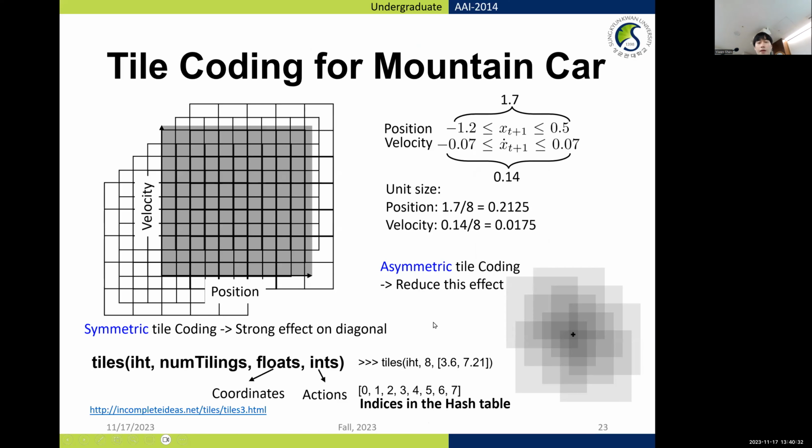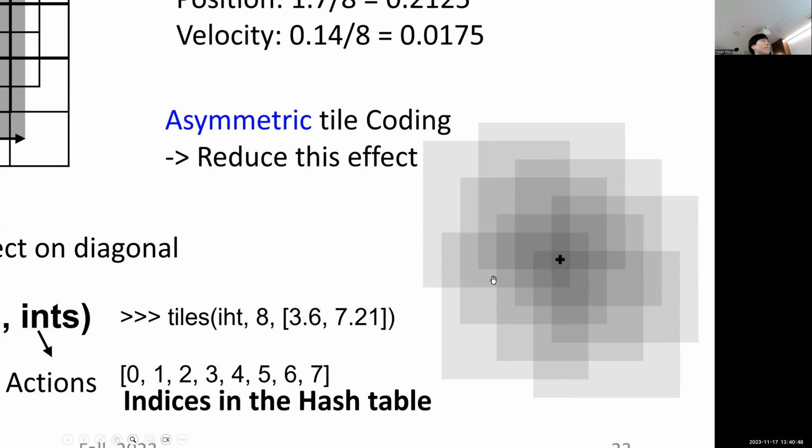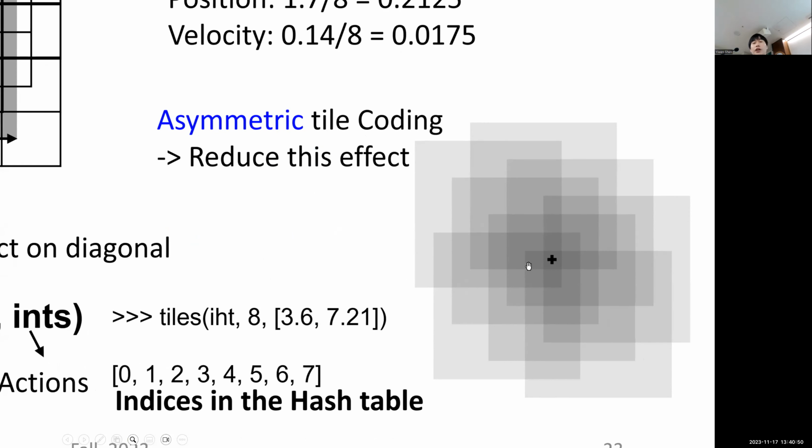Okay. And another point is that when we design this tile coding, the displacement, how we can decide. Most of the time we use asymmetric tile coding to reduce some artificial bias.